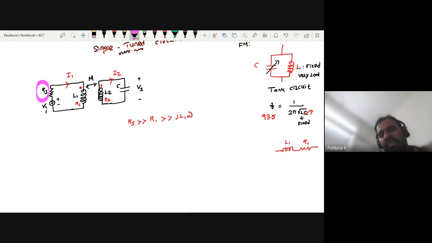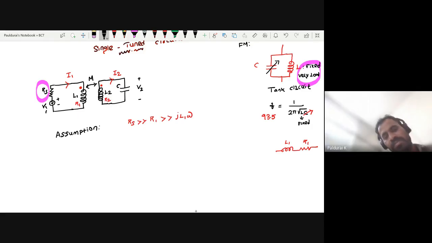This L is fixed and it is very low when compared to the source resistance as well as the internal resistance. The reactance should be less than the internal resistance, then only you can achieve a better tank circuit. That is the very first assumption, please make a note.